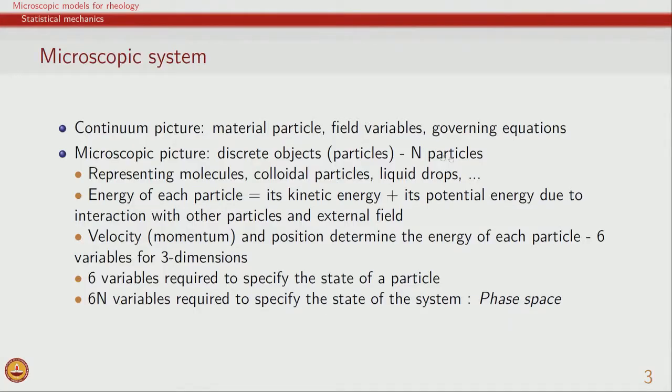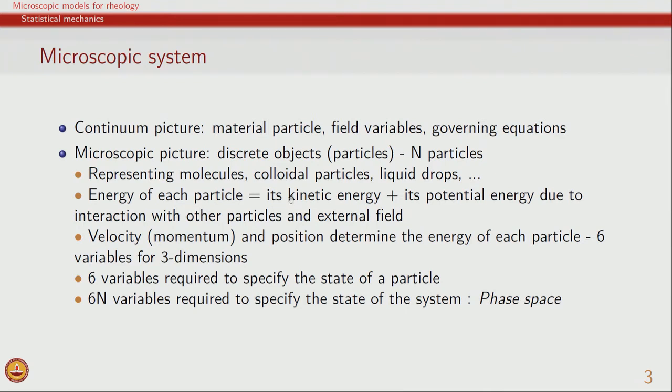In general, we will talk of the material being described using, let us say, n particles, and what these n particles do and how they interact with each other or with the surroundings will determine how the overall microscopic picture is defined. So, the energy of each particle will be very important in the description of the system.